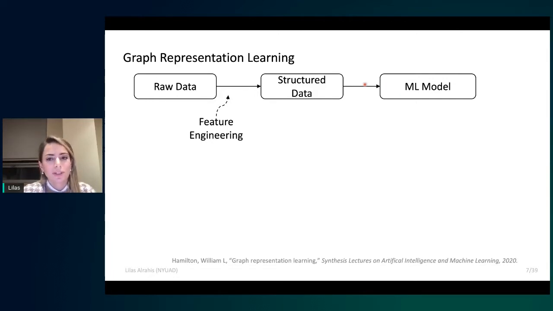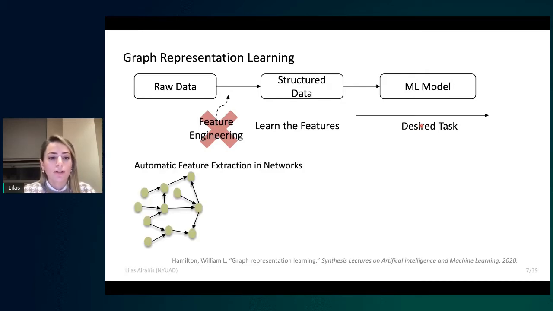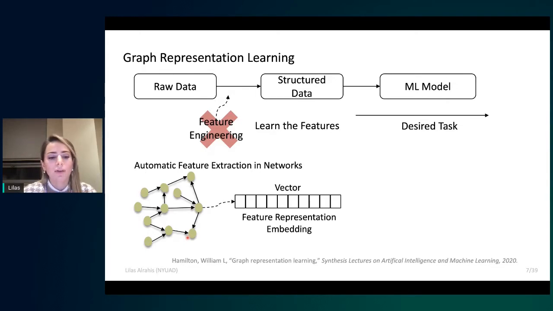Now, graph representation learning eliminates this feature engineering step, and it will automatically learn and extract these features from the graph and then pass the extracted structured data to the machine learning model. So basically, graph representation learning will take this given graph and generate an embedding vector for each node in the graph that will capture its properties. And it will also capture the properties of the neighborhood of this node and the connectivity of the graph.